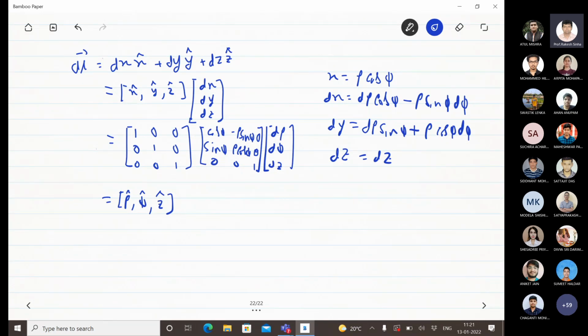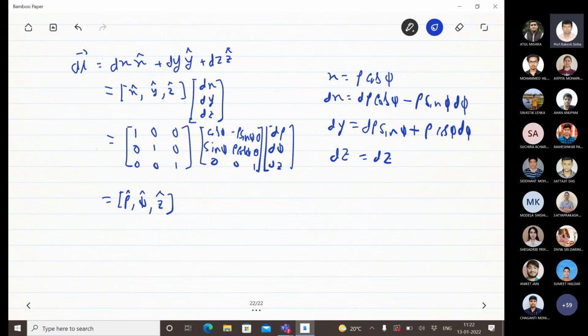So what should I multiply with this? What is the property of this matrix? How can I get that identity matrix? The inverse of that rotation matrix. Now the beauty of this is that the inverse is basically the transpose, because it is an orthogonal matrix.